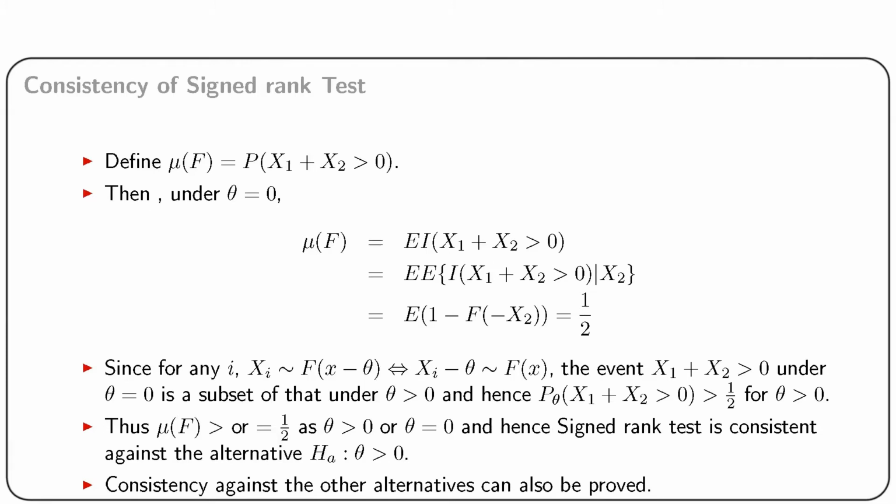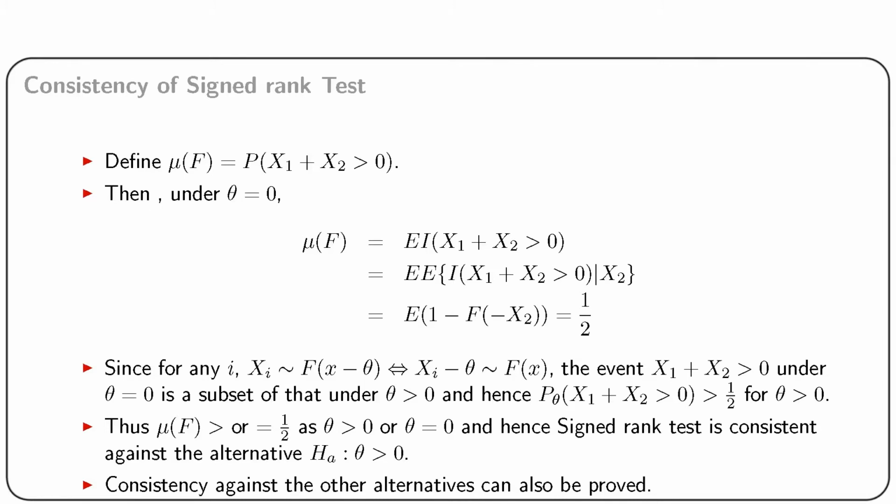Now, due to symmetry, 1 minus capital F of minus x2 is nothing but F of x2. Since F of x2 has a rectangular distribution over (0, 1), we get the expected value of F of x2 as half. Thus, under theta equal to 0, mu f is half.